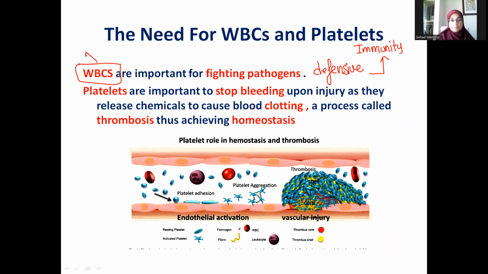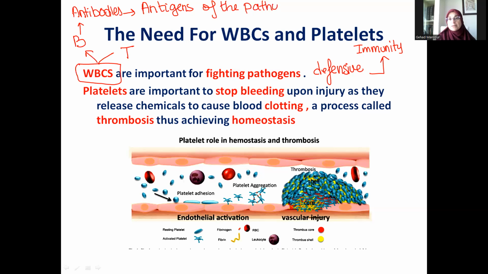And we have 2 types of white blood cells, the B cells and the T cells. The B cells are mainly concerned with secretion of antibodies that will be directed towards the antigens of the pathogen, and an antigen-antibody reaction will occur, resulting in destruction of the pathogen.